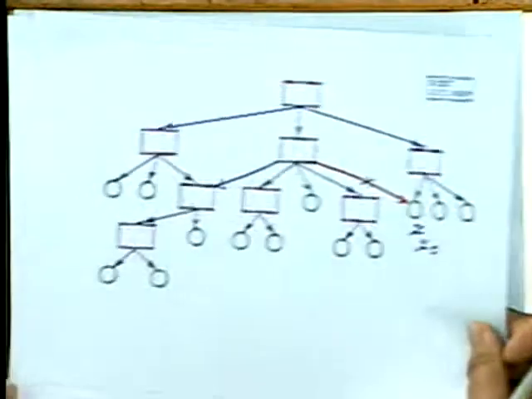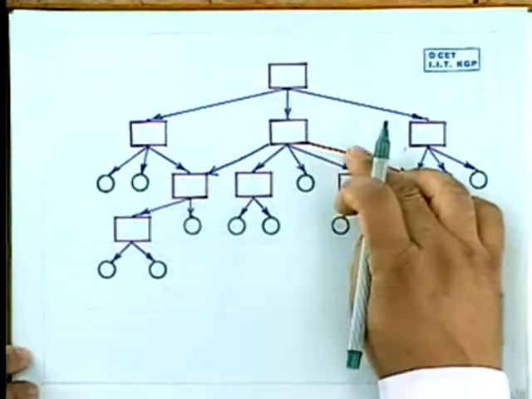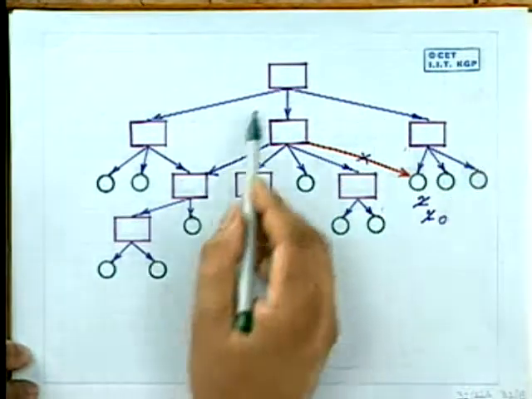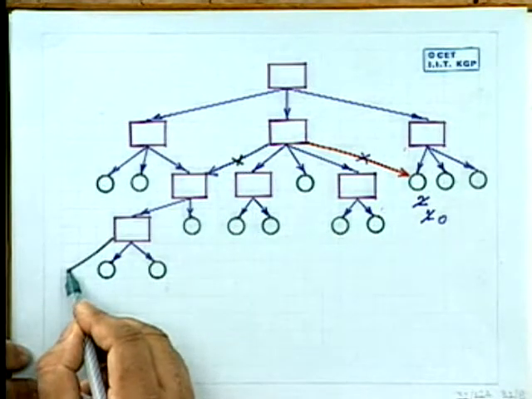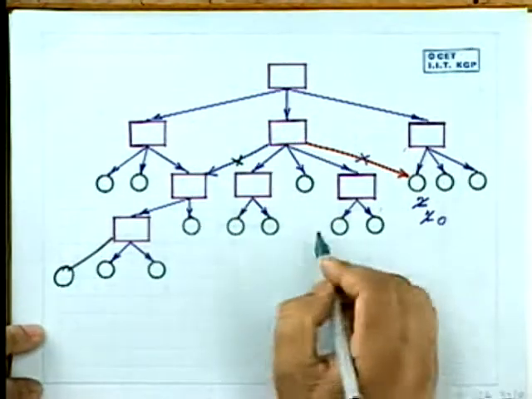I mean, it's better to show by this example. Say this was not there, and say this was not there, these two are not there. Say I want to add a file here, the original tree structure remains.